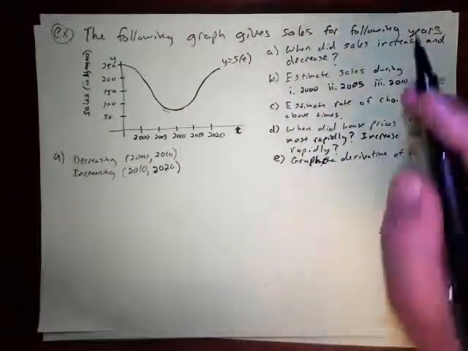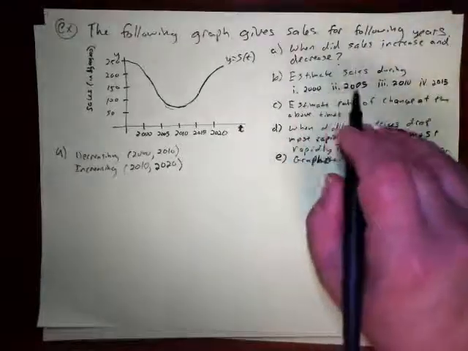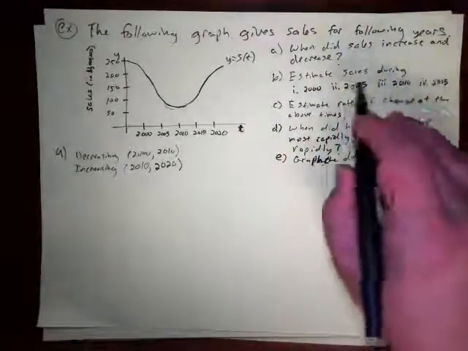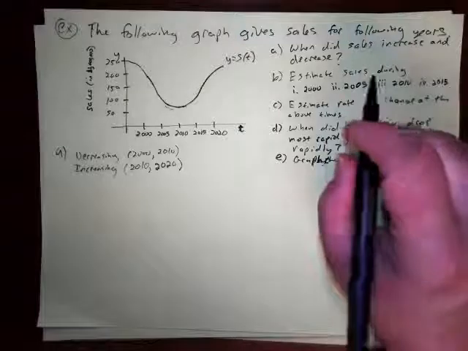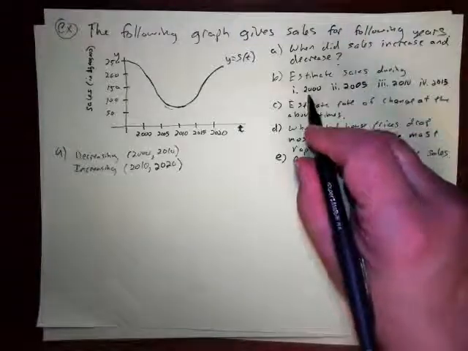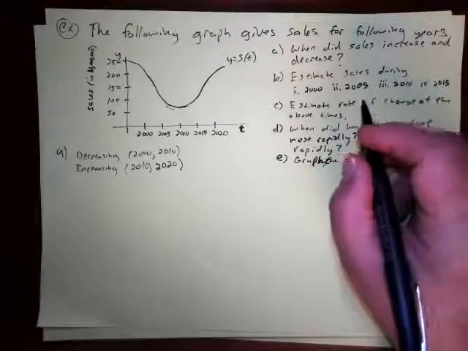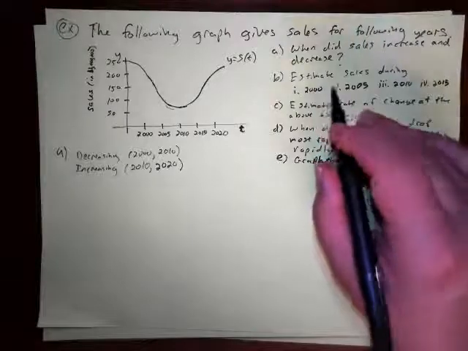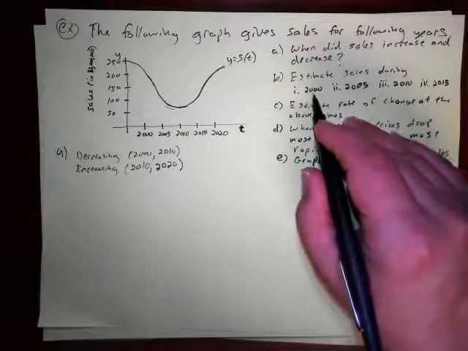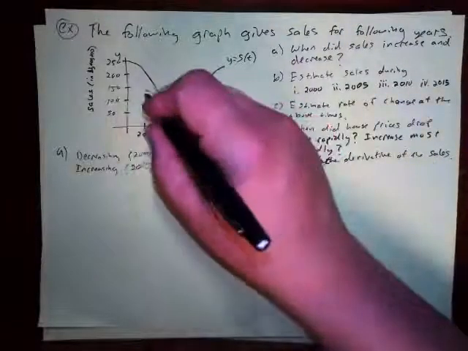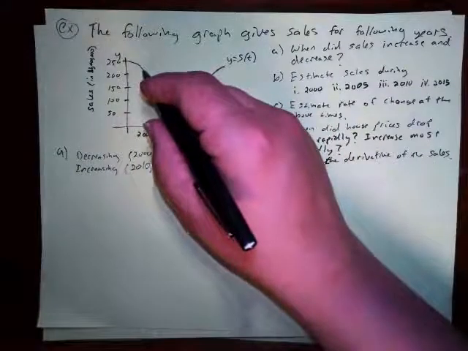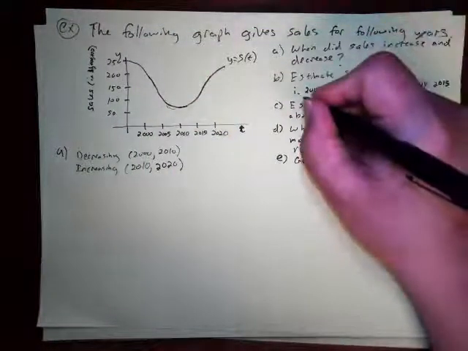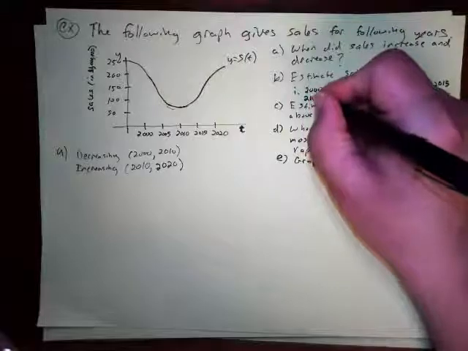Okay, and then they want you to estimate the sales for each of these times. Okay, and maybe I'll just write it underneath each of those. So at 2000, I don't know, the sales is about 210. We'll say 210.